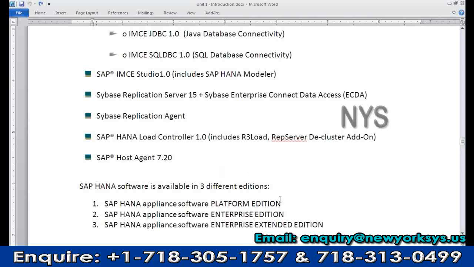If your customer does not want BODS, then platform edition is the recommended one. If the customer wants BODS, then enterprise edition. If the customer wants all the tools available with HANA, everything, that is the enterprise extended edition. Basically, platform edition does not have BODS, enterprise edition does have BODS, and enterprise extended edition has all the components put together.